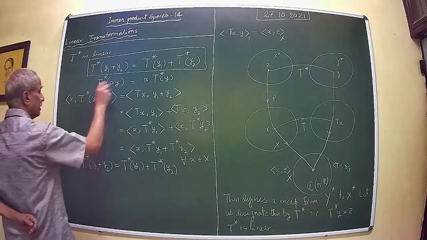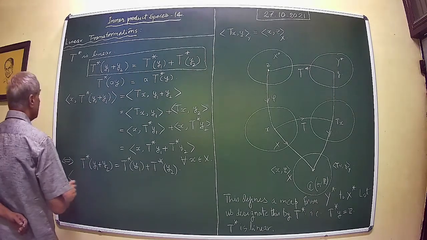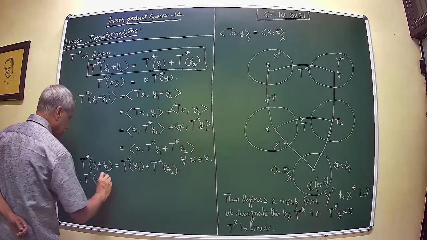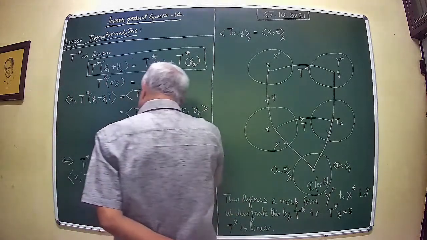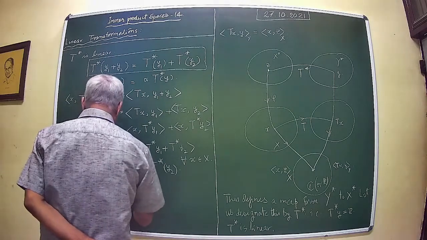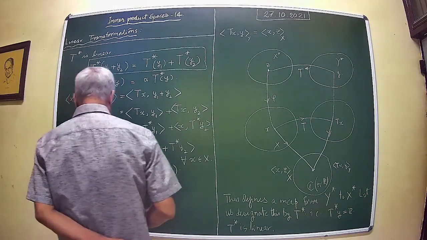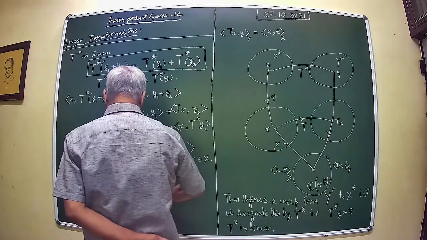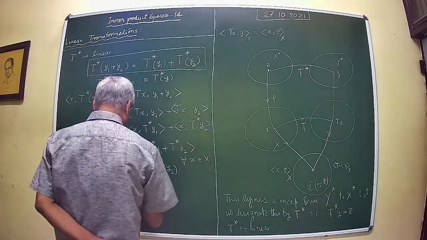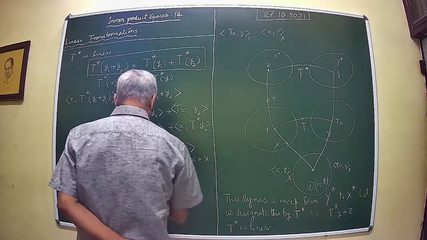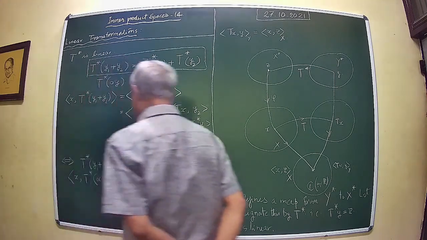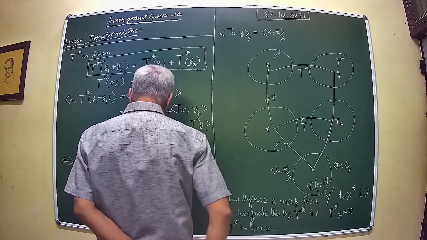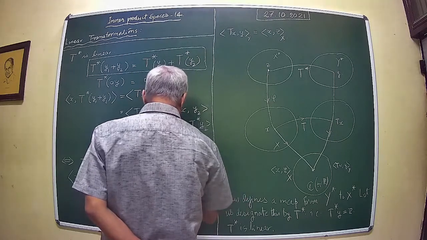Second part is to prove this one, X, T star, where alpha is a scalar. This is equal to Tx alpha y. This is true for every x, and this is equal to alpha conjugate, because in the inner product this is what happens.